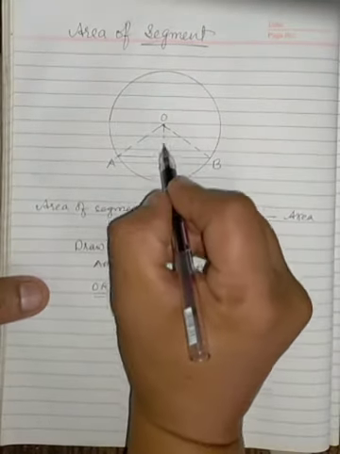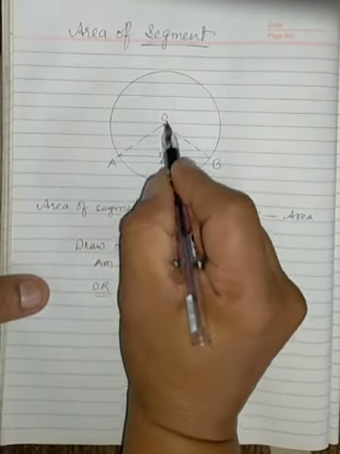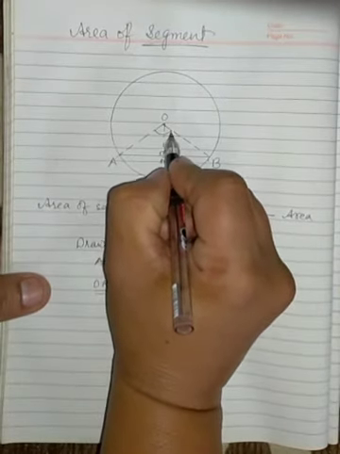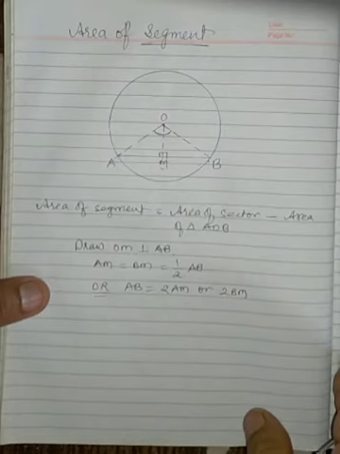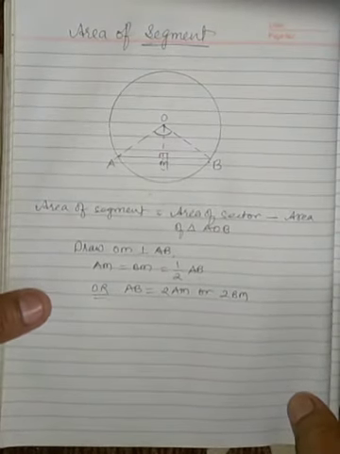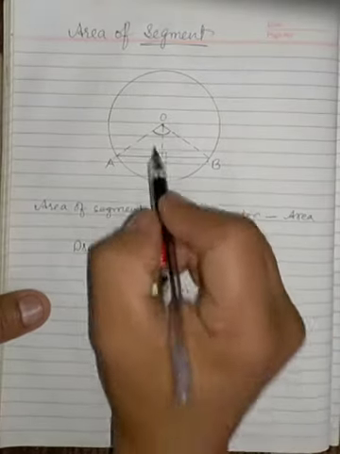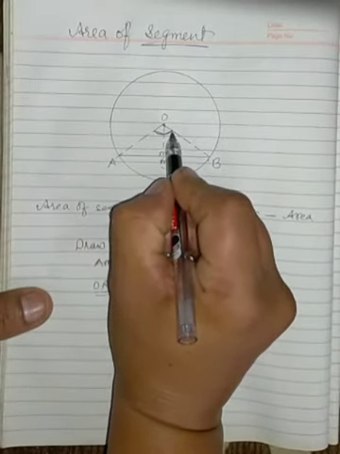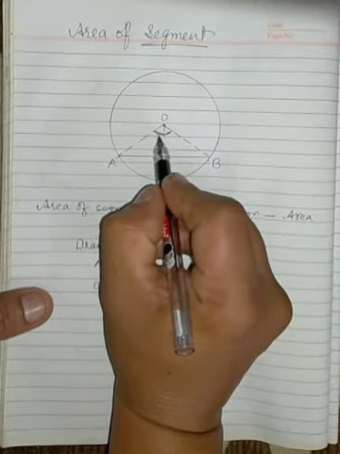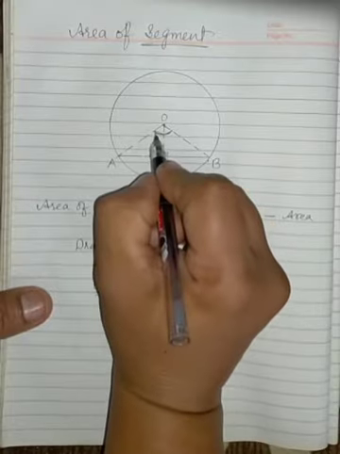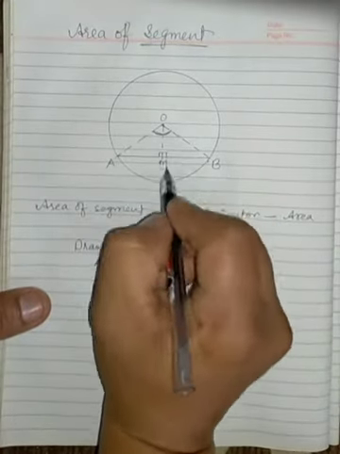Now this OM, which we have drawn perpendicular to AB, also bisects this angle, which can be proved by RHS congruence, but we will not use it here. So if in the question we are given this full angle, then OM bisects it, and we can use either triangle AOM or BOM.